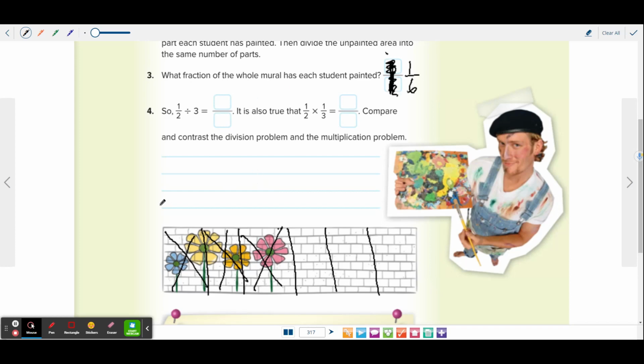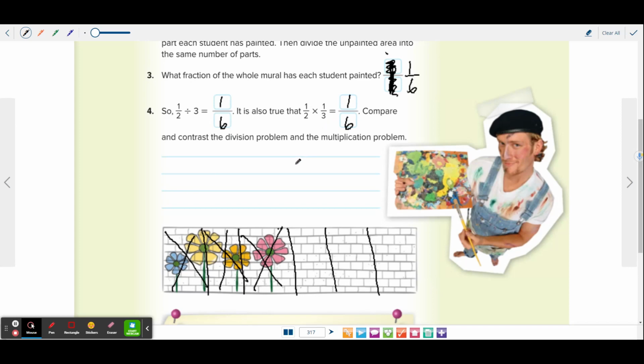Okay, so that needs to be crossed out. So 1/2 divided by 3 is 1/6. It's also true that 1/2 times 1/3 is 1/6. Remember, we talked about that when you're dividing, you're actually multiplying by the reciprocal.